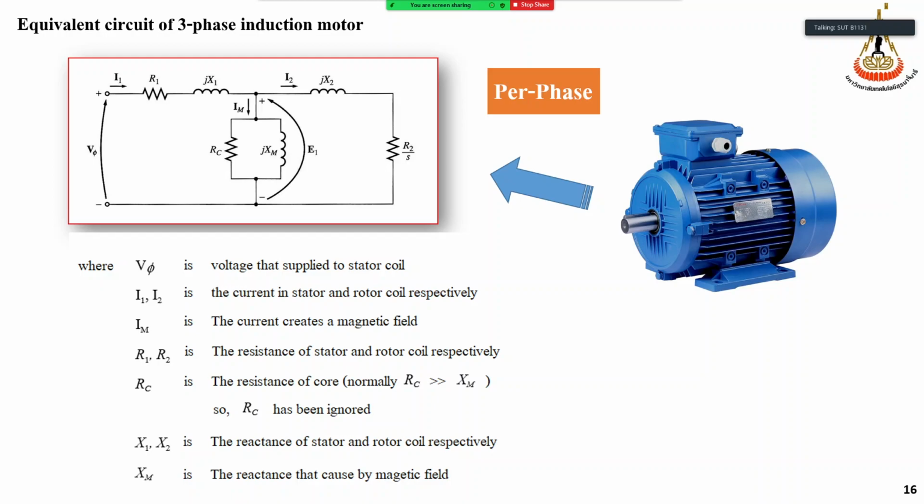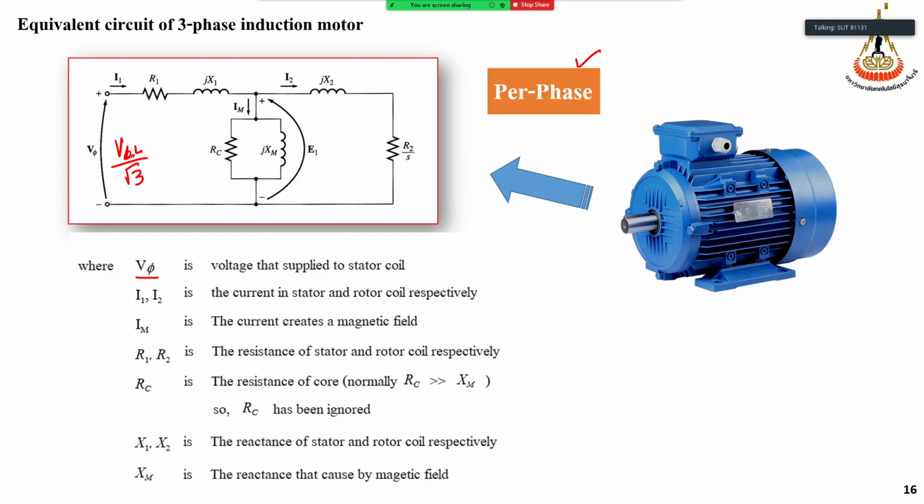So with the equivalent circuit of the three-phase induction motor, we can define the variables as follows. V phase is the voltage per phase, since we analyze this circuit with per-phase analysis. Therefore, V phase will be V line of the motor divided by square root 3.